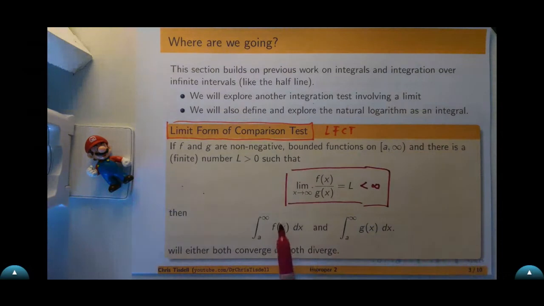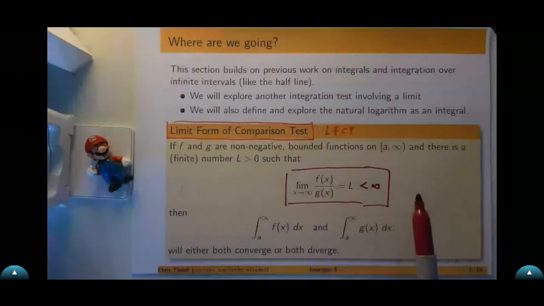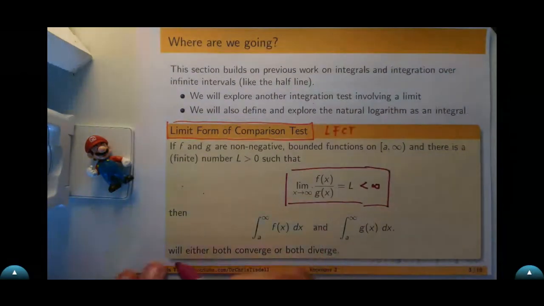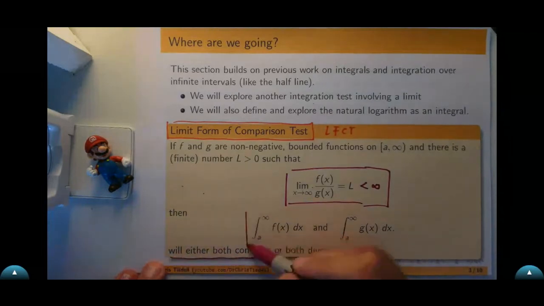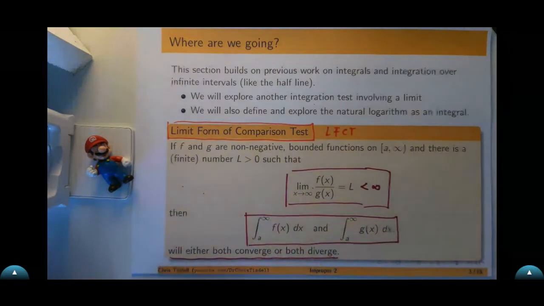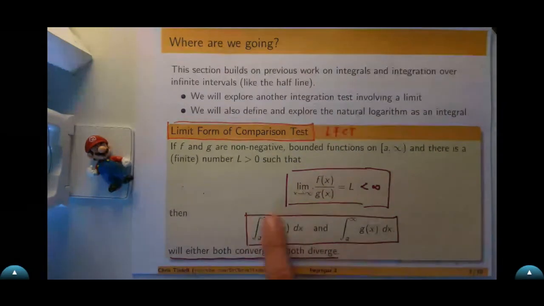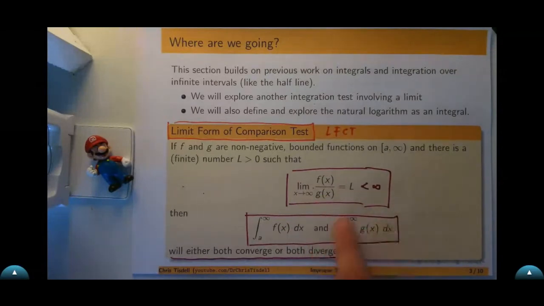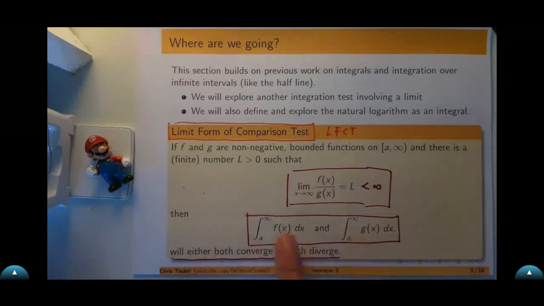Then what the limit form of the comparison test says is that both of these integrals either converge or diverge. What tends to happen is you're given something like this, and you have to come up with a second function that you know converges or diverges. Then based on this, you can make a conclusion about your original integral.